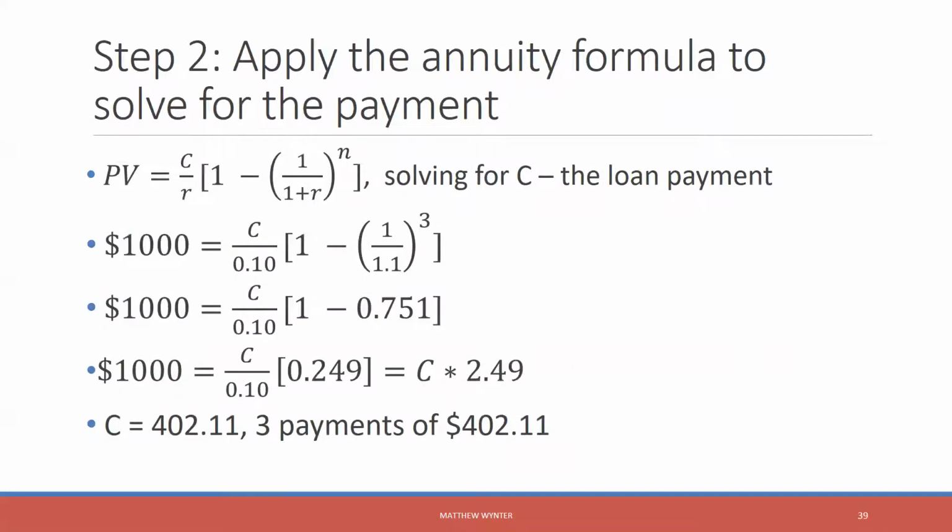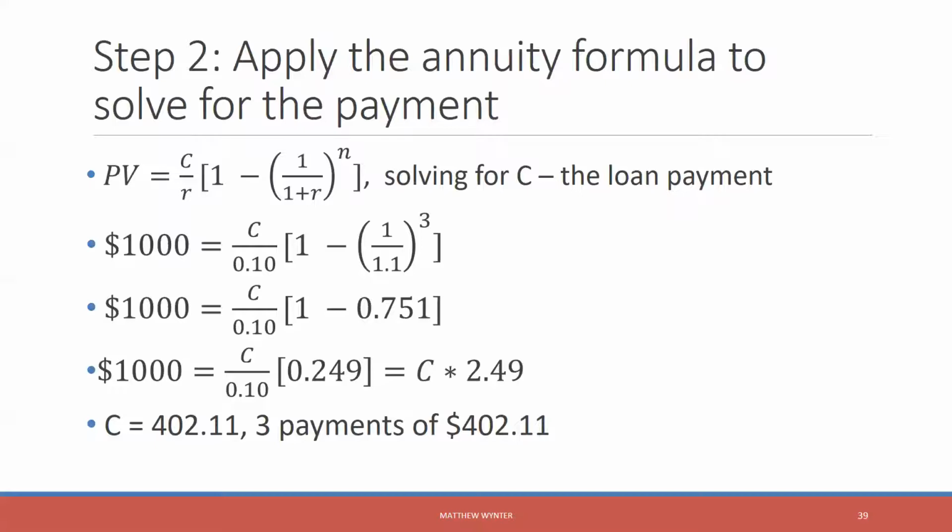So when we plug it in, again, I can't stress this enough, we want to take our time and follow the order of operations. What do we have? We've got C divided by 0.10, our 10%, multiplied by 1 minus 1 over 1.1, all of that to the power of 3. 1 divided by 1.1 to the power of 3.